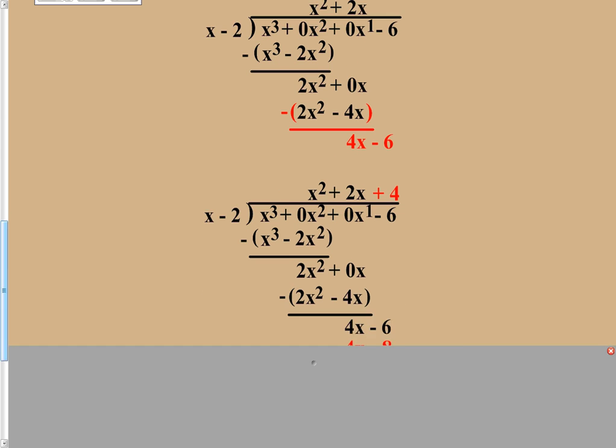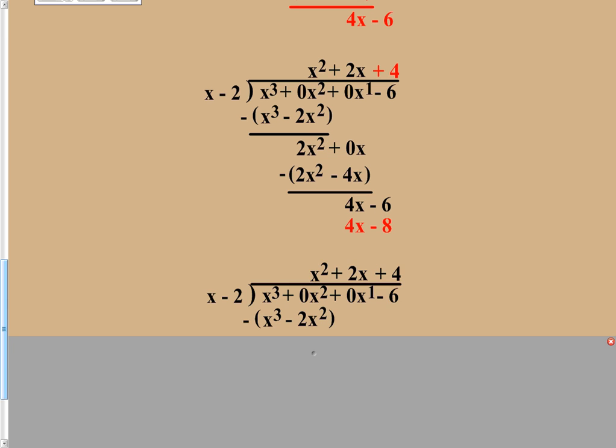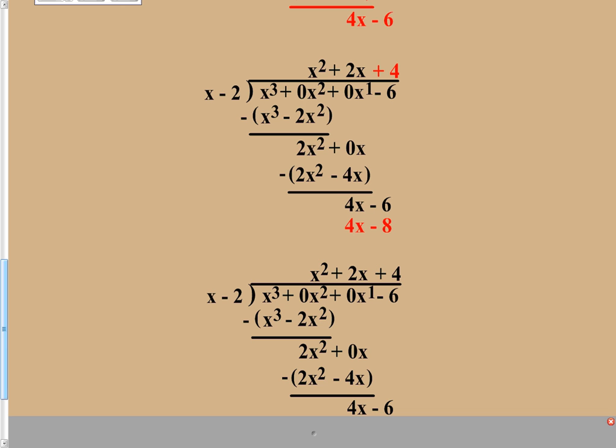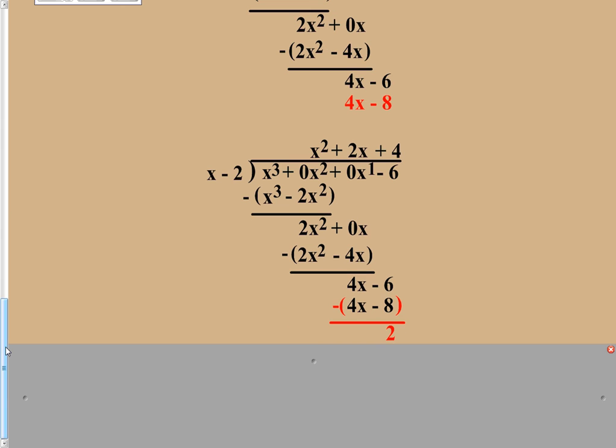Let's see what we end up with. 4 times the x is going to give us 4x. 4 times the negative 2 is going to give us negative 8. It's the same routine over and over every single time. Now we're going to subtract those values, and we end up with a positive 2. We have nothing else to bring down, so this is our remainder.